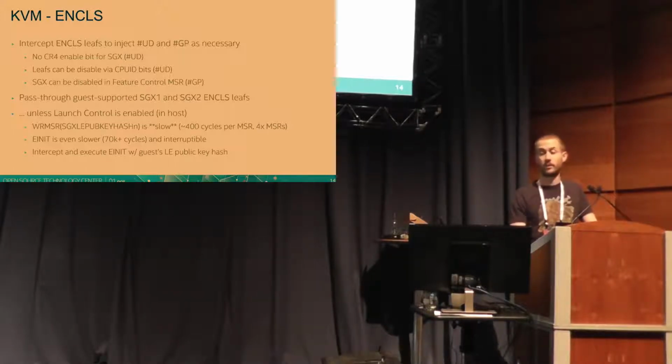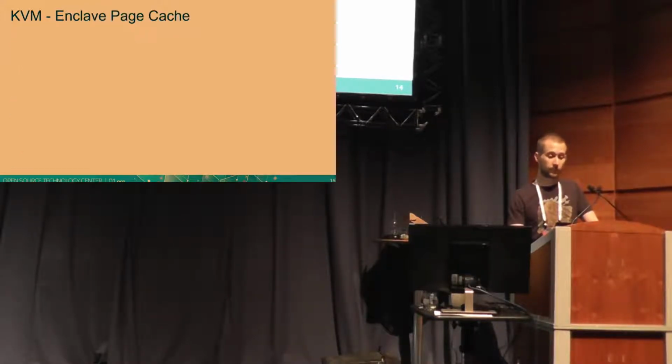Writing the MSRs is extremely slow, even for MSR standards, and EINIT is even slower. EINIT is so slow, and it's actually interruptible. But what this means is that trapping the MSRs and then intercepting EINIT on behalf of the guest is basically unnoticeable from a performance perspective.